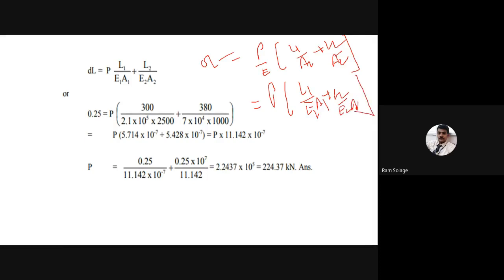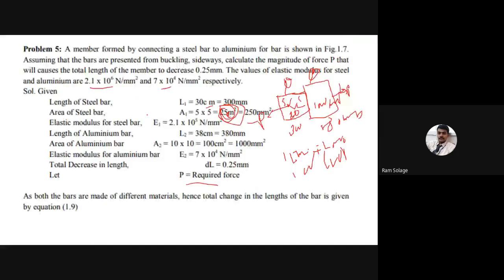Now L1 and L2 are given in the problem. A1, A2 are given. E1, E2 are given. Delta L is given. Only we have to find out the value of P. Now put all the values and find the answer of P. I will not show the answer. Please put all the values.